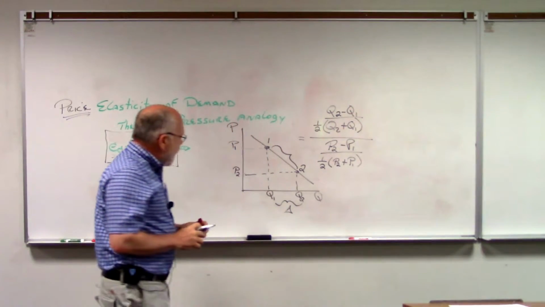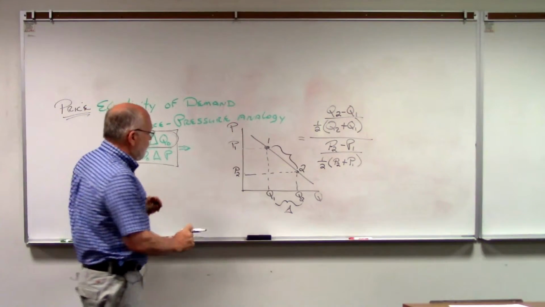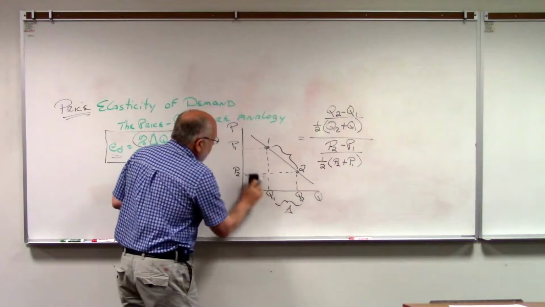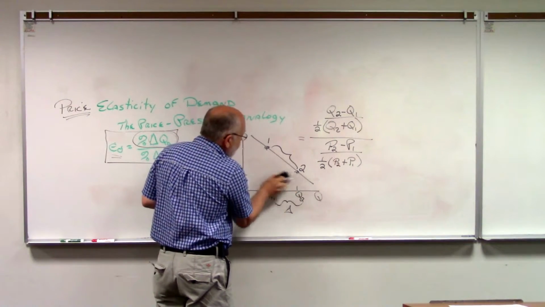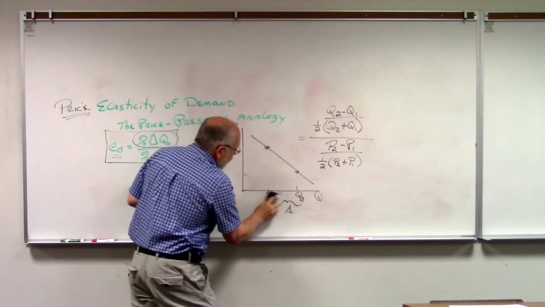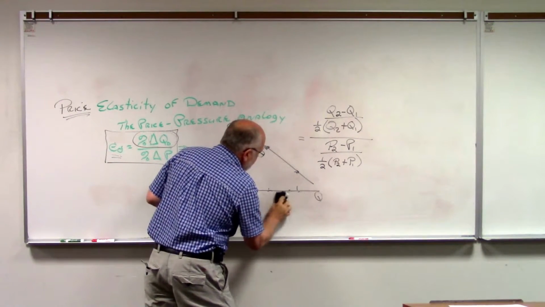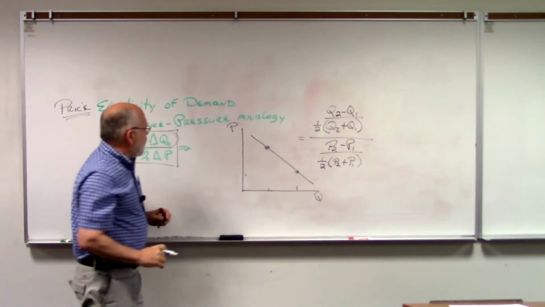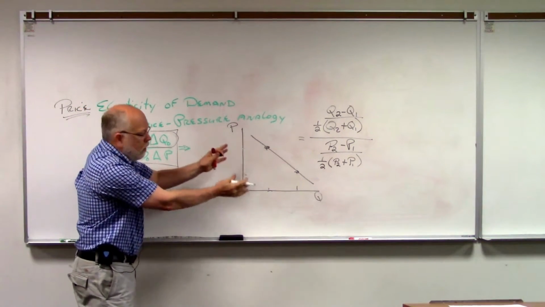So now let's take it, and I'll just make up some numbers here. Let's say that on a test, you are asked to figure out the elasticity of demand over this curve, and I give you a graph.